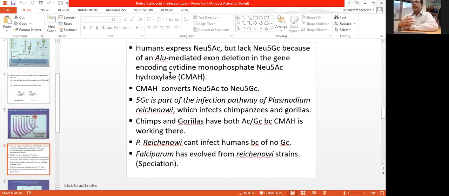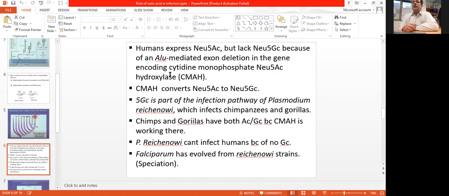So you see that human beings express NEU5AC, or the NANA form of the sialic acid, but not NEU5GC because of this deletion which happened in a gene which is called CMAH, or cytidine monophosphate NEU5AC hydroxylase.